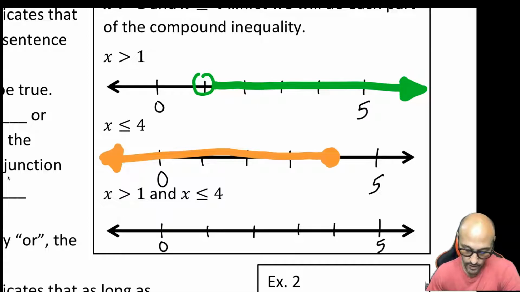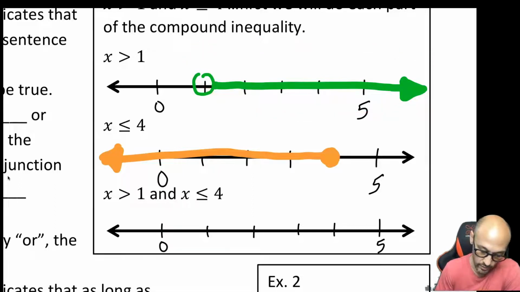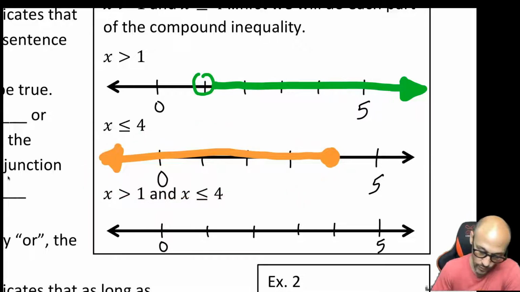Now you can see that if we take the first one and move it down below, and we take this one and move it down below, we have an open circle here at 1, a closed circle at 4, and the place where these two things overlap is going to be, let's see, what color makes sense here?